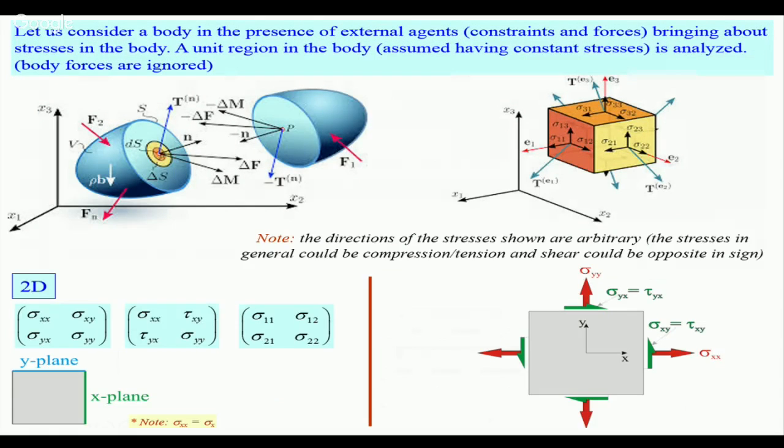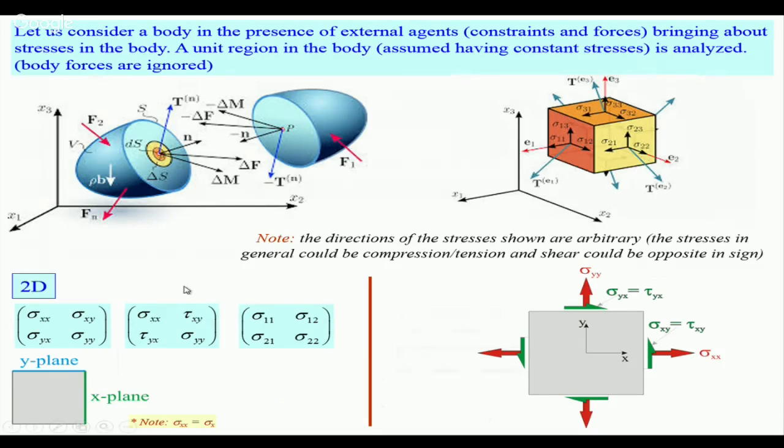So we consider a complex situation, and we are trying to evaluate what the stress is at a point. Let us consider a body subjected to a set of loading and constraint conditions.